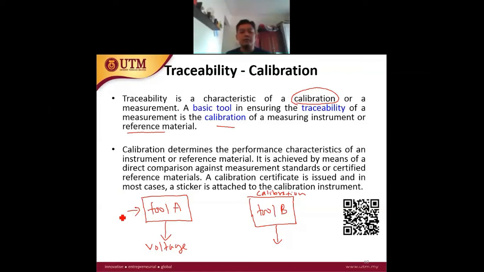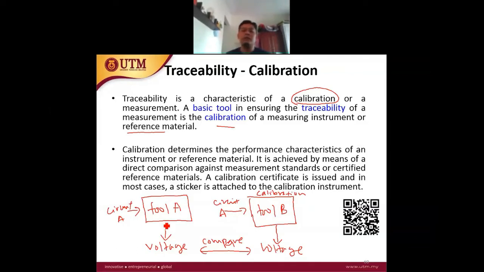Let's say circuit A, and the same circuit A is measured by tool B, and then they look at the voltage and compare. Of course, tool A will be used extensively, day in day out, every day. Then you can expect that the performance will go down at a certain time.